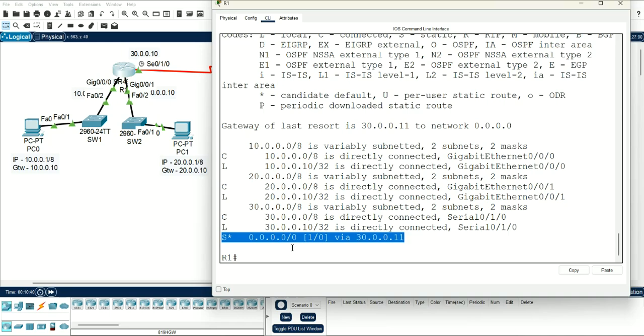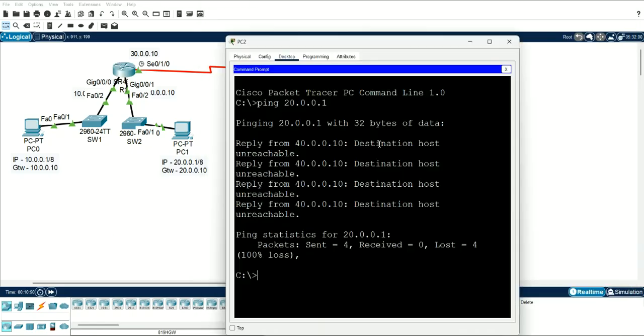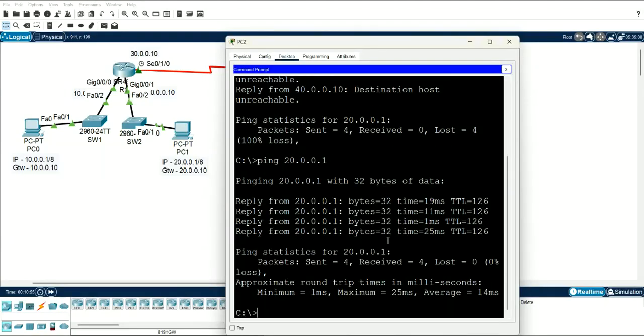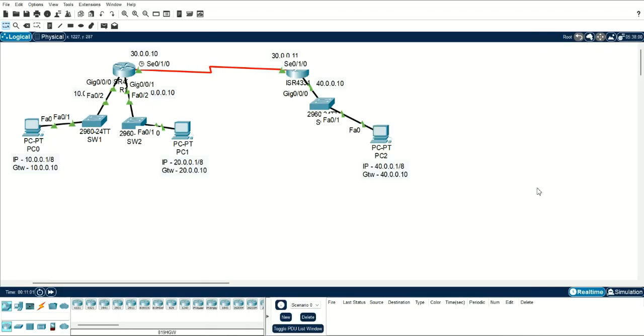Using this. This means what? Anything. Any includes 40, right? 40 network. So now if I try pinging from here 20.0.0.1, I'm able to ping because I have any, I have default. So any means it also includes 20. You understood? Very nice job.